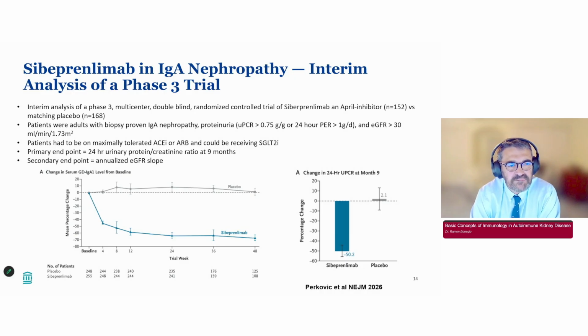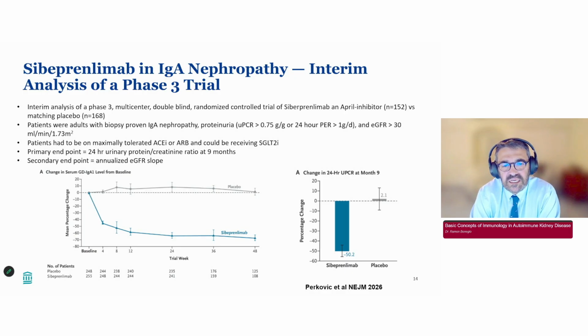The patients were adults with biopsy-proven IgA nephropathy. They were again at relatively high risk of progression, identified by significant amounts of proteinuria, even though they were on maximally tolerated ACE inhibitors or ARBs.